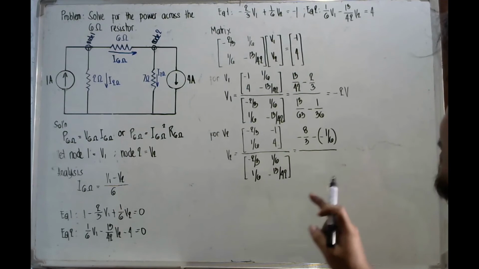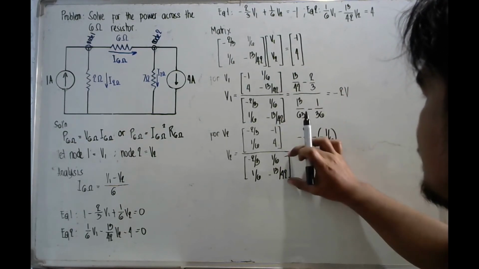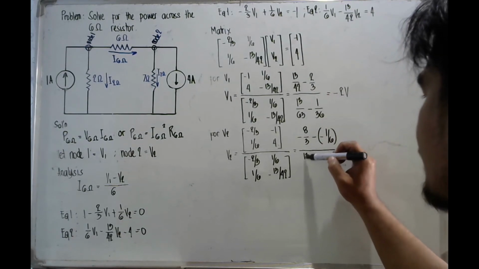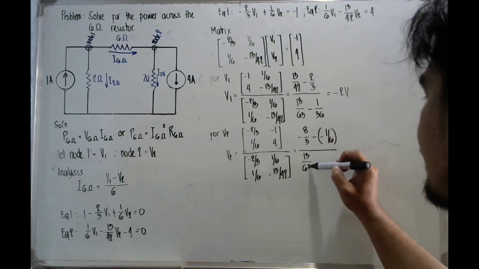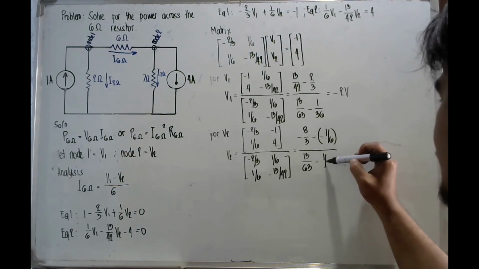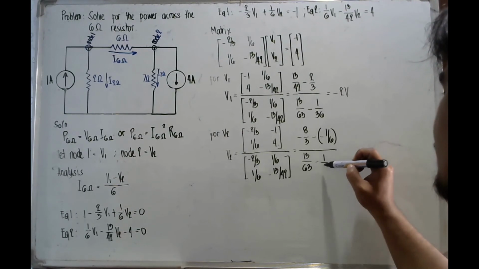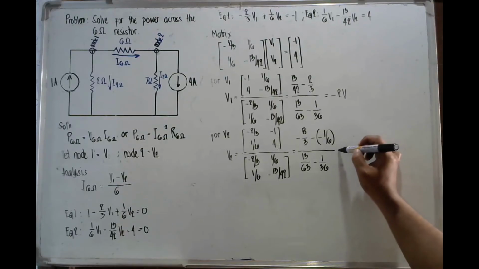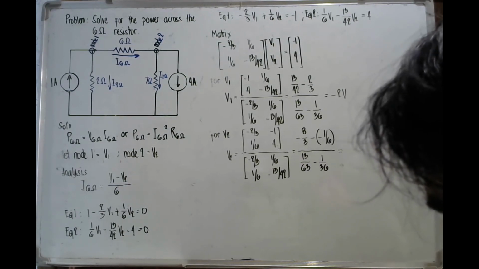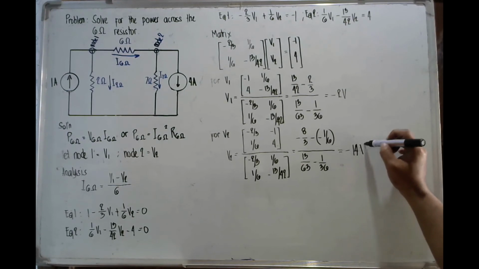Negative 2/3 times negative 13 over 42 gives the same value as above, 13 over 63, minus 1 over 36. So that is equal to negative 14 volts.